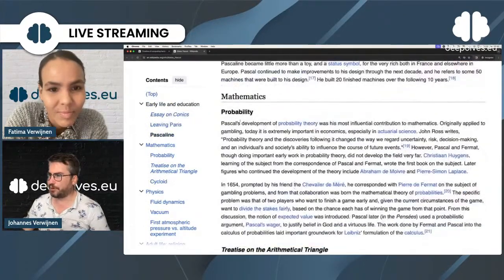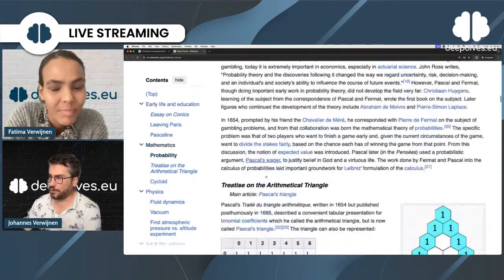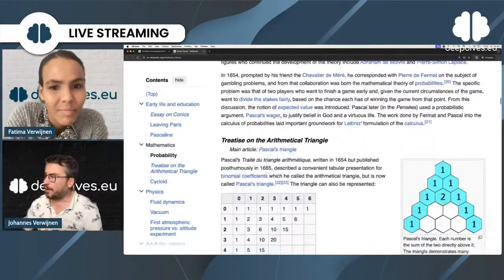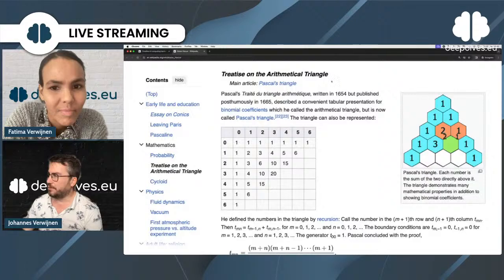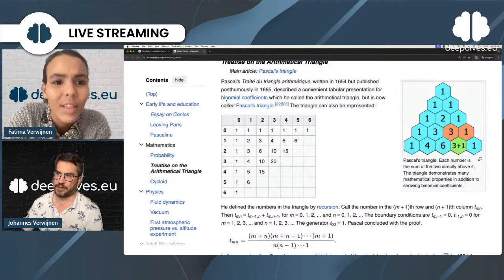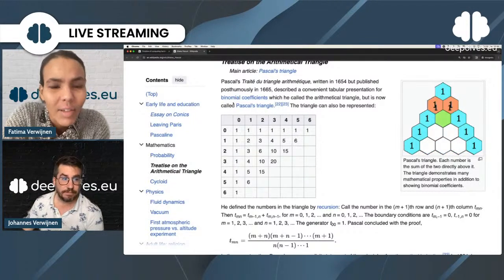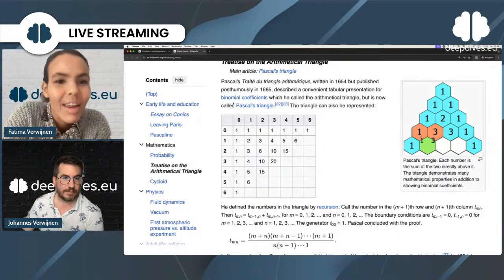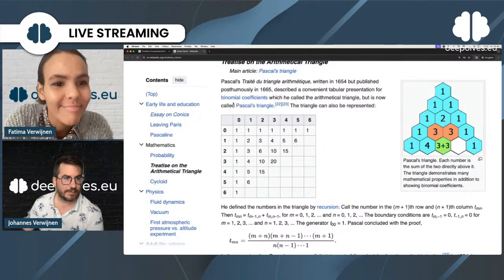So we have, for example, the probability theory that is largely based on Pascal's work, and also some geometry, and then stuff like arithmetical triangles, or Pascal's triangle. If you ever feel like you haven't accomplished anything in life, just go and read this, and you'll feel that even more.